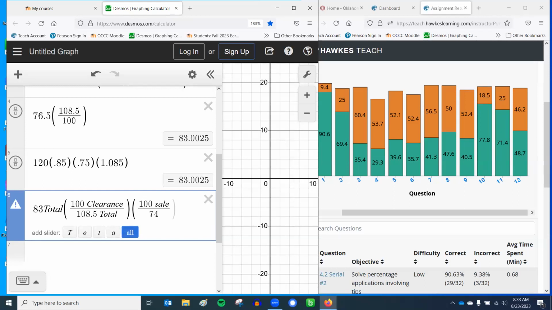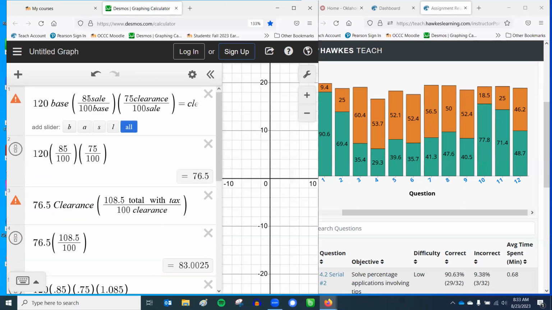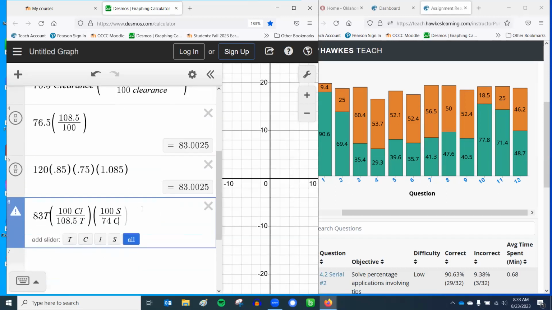I'm going to use just the capital letters here. T for total, C for clearance, just so I can string it together, and S for sale. All right, and finally, 85 sale for 100 base. For every 85 sale dollars, we get 100 base dollars. Okay.